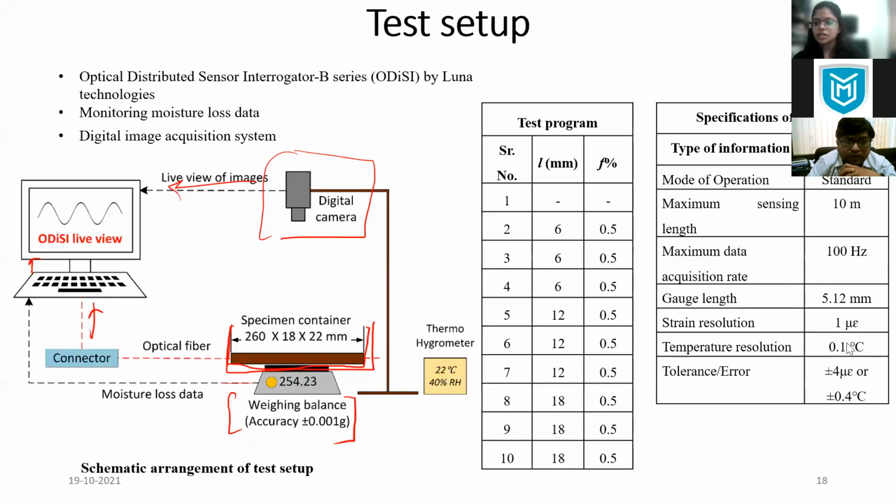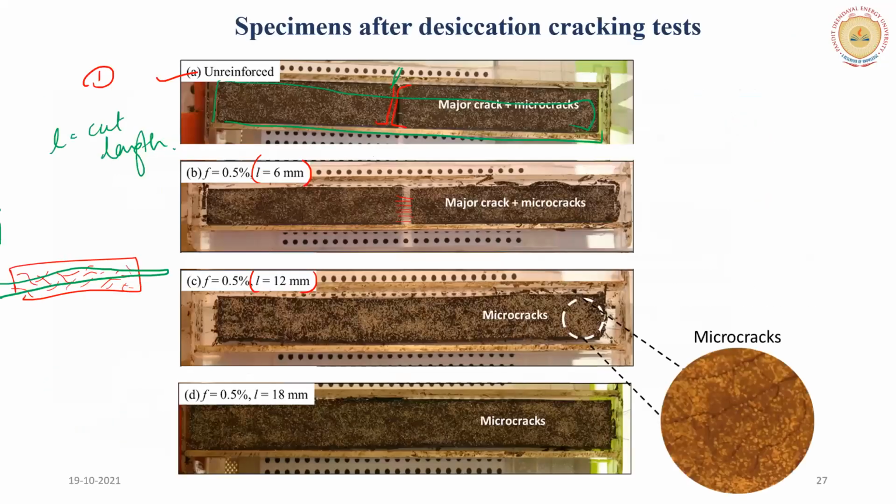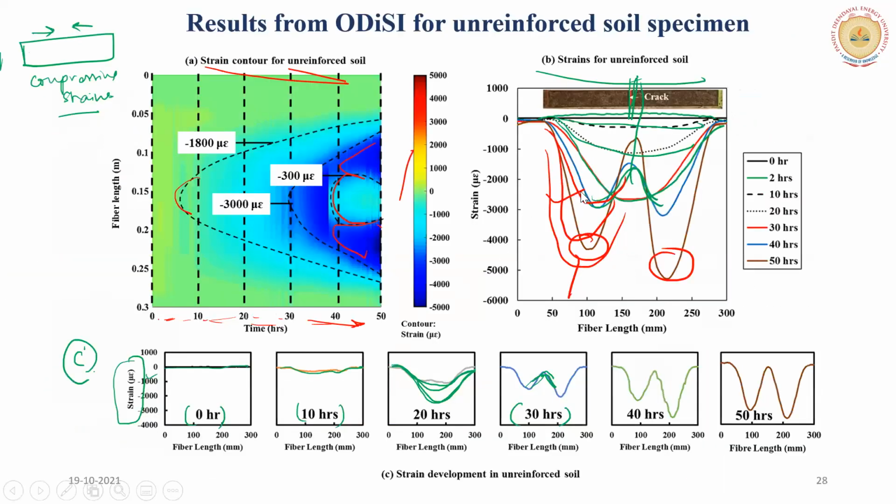So this is the strain resolution. It means it can measure down to 1 microstrain in the glass fiber. One microstrain is an extremely small value, because if I look at this sample which is getting cracked, it cracks at close to 2000 microns, right?